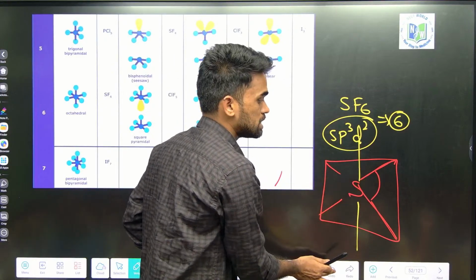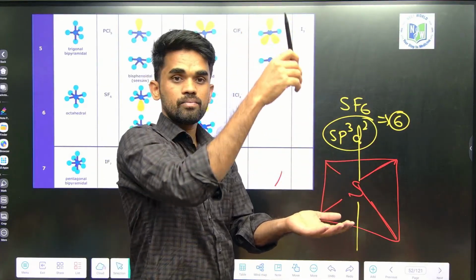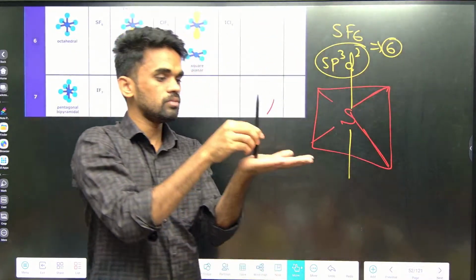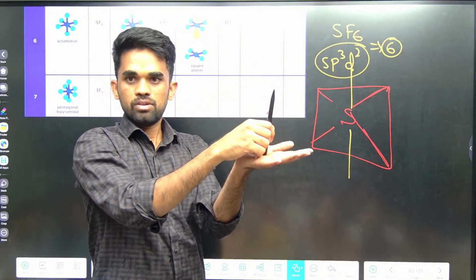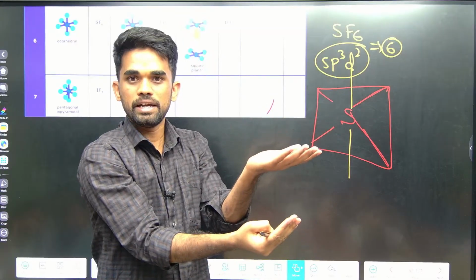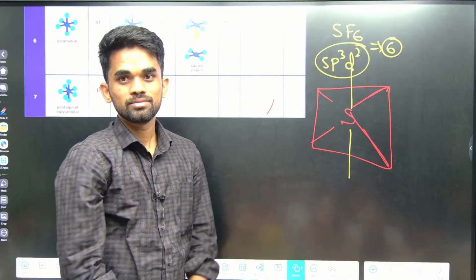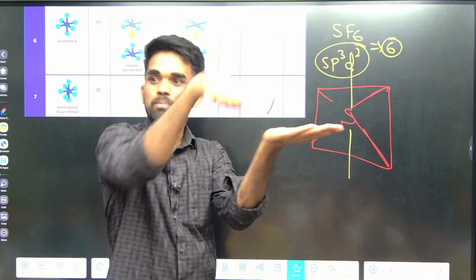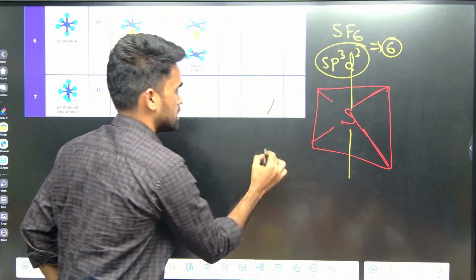So 4 90s in the plane. With the above yellow color line, first 90, second 90, third, 4. 4 above, 4 within the plane, 4 below. So how many 90s totally? Above 4, below 4, within the plane 4. So total 12 90 degrees.